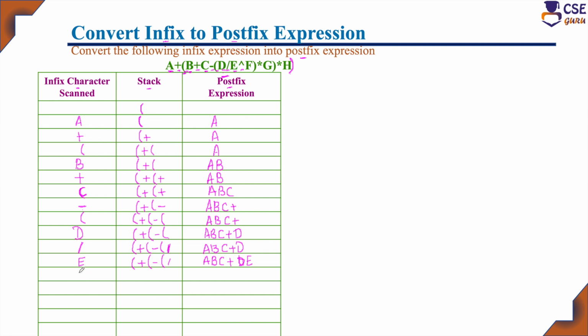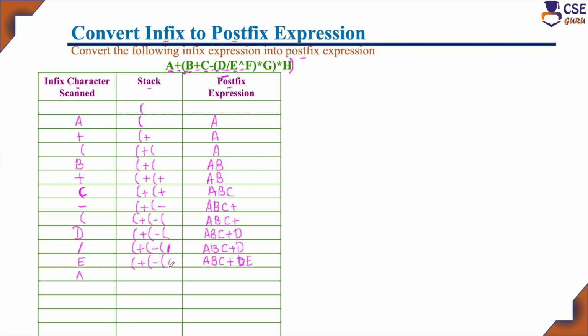So the next incoming operator is the exponent operator. Now the top element of the stack is the division operator, which is a lower precedence operator, and this exponent operator is a higher precedence operator. In that case, you can push the higher precedence operator into the stack. That is, you can place the higher precedence operator over the lower precedence operator.